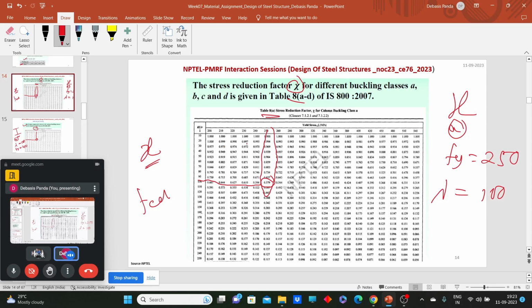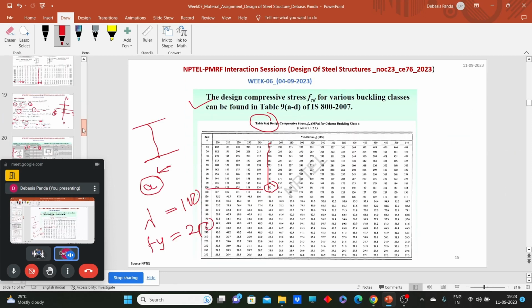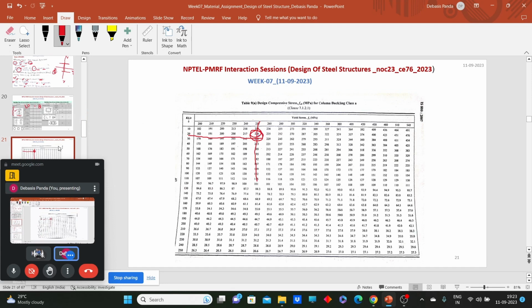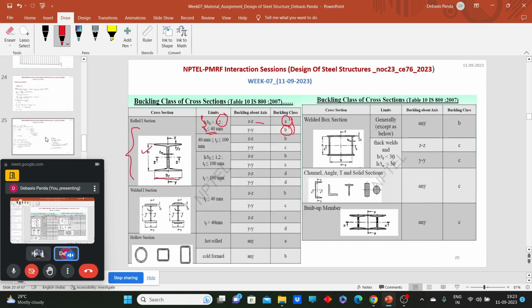For 20, that will come nearly as 0.99. The value is given later here, for 216 almost, and we can take the nearest value, or we can do the interpolation like what I have shown for buckle class B.